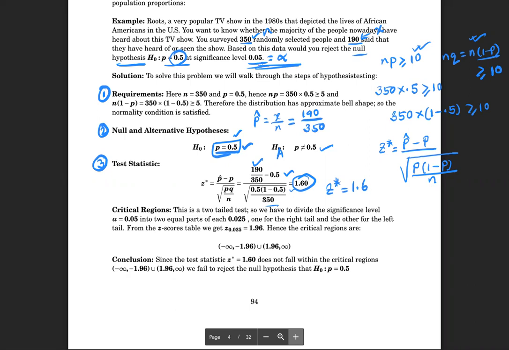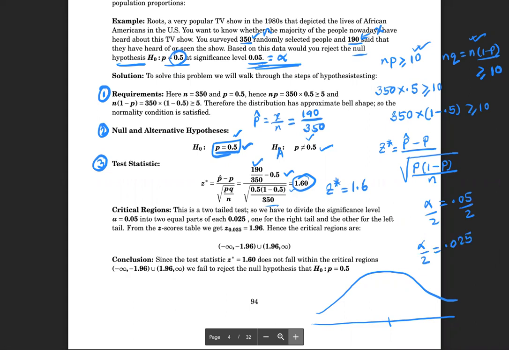So now let's go ahead and do that based on the significance level. We are going to do a two-tailed test because it's not equal to, right? So you take alpha, which is 0.05, you divide it by 2, and that gives you alpha over 2 is equal to 0.025.